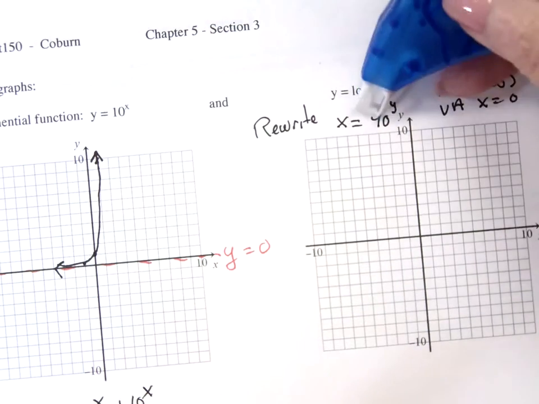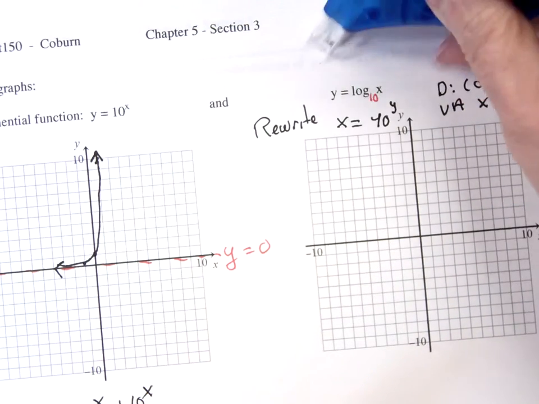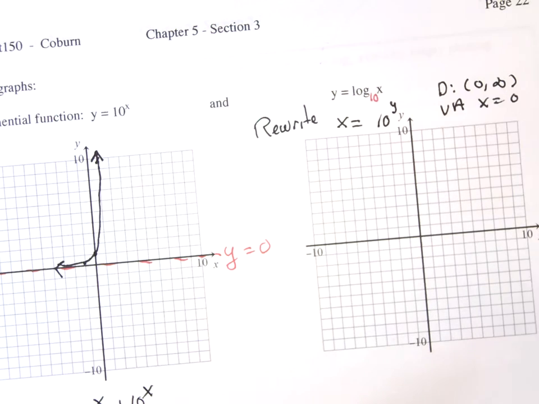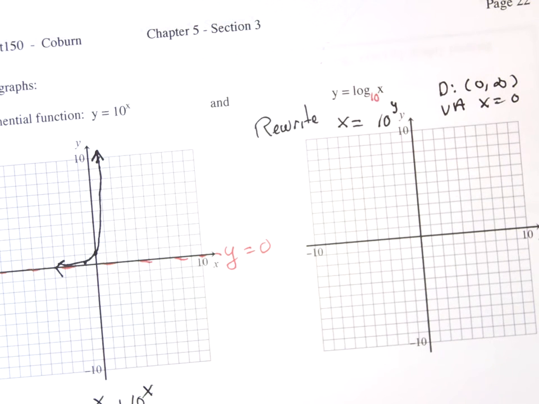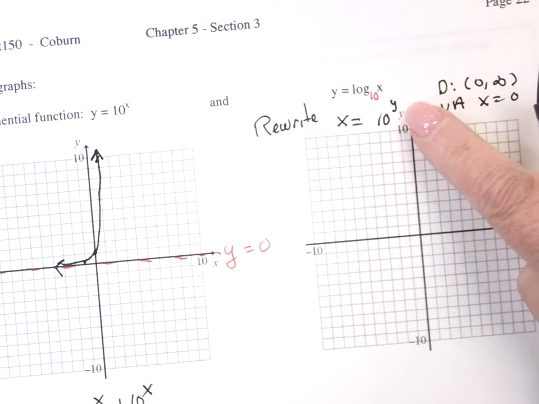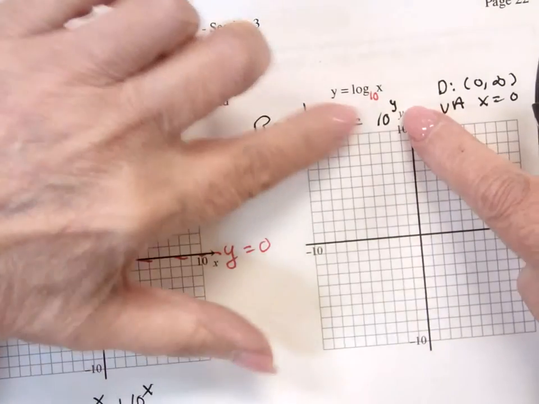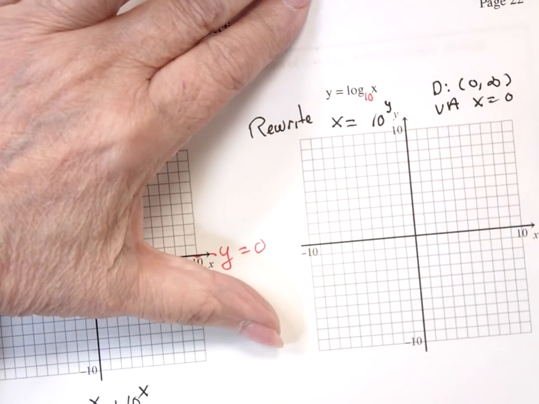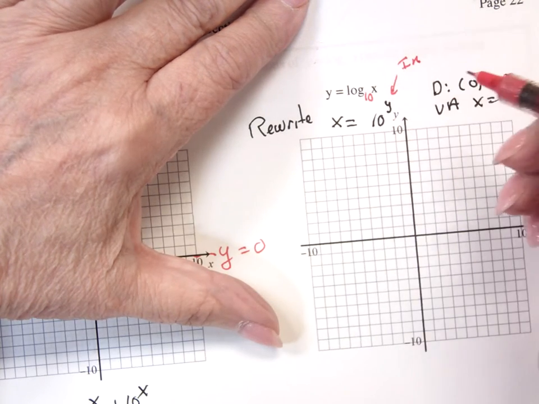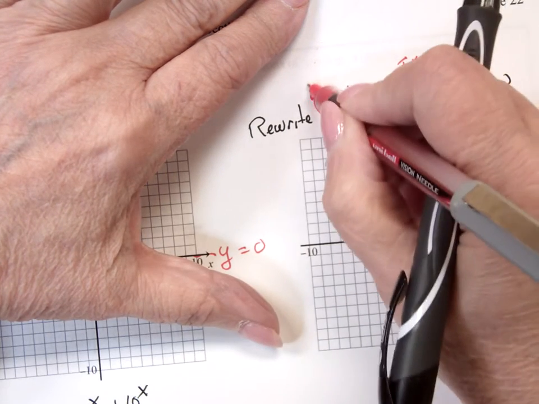Let's get rid of the evidence, except now it's going to be videoed into place forever. Well, at least for this semester. And so how is that going to help me? The way this is now written as a basic function is I can now put in y's and x's can come out.